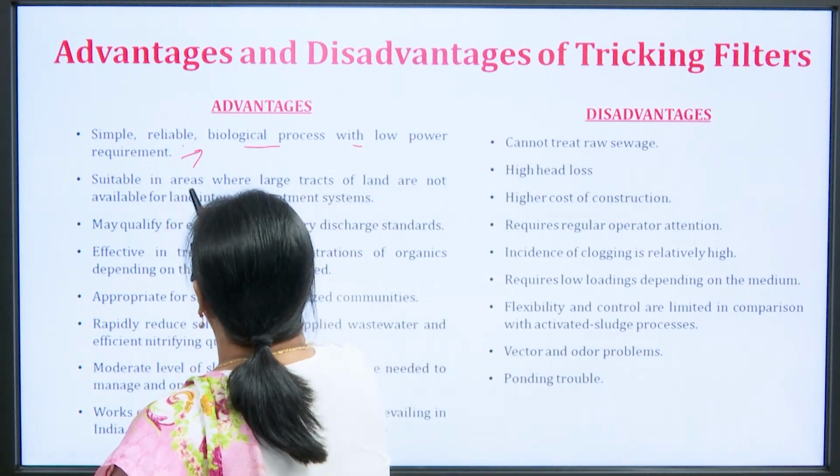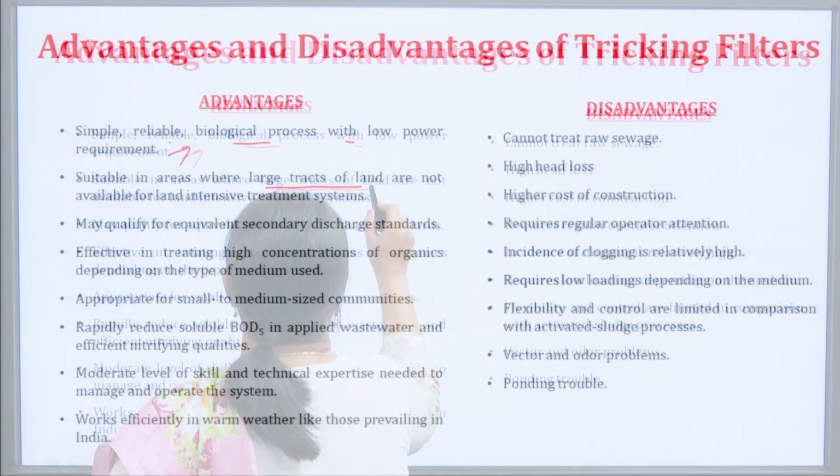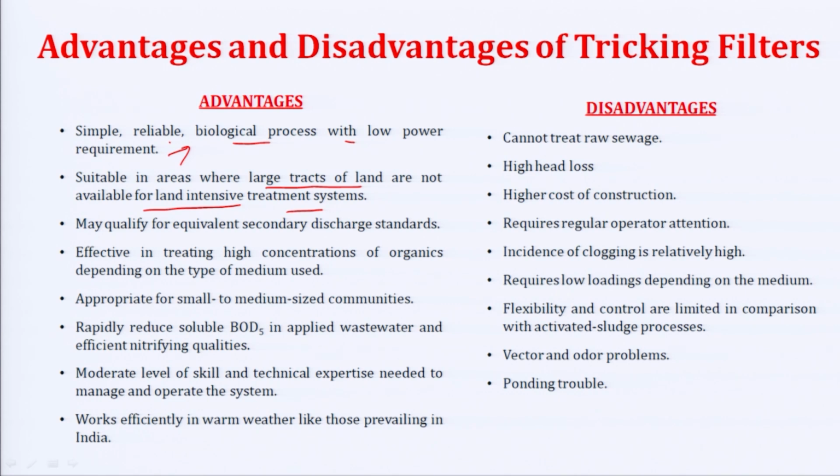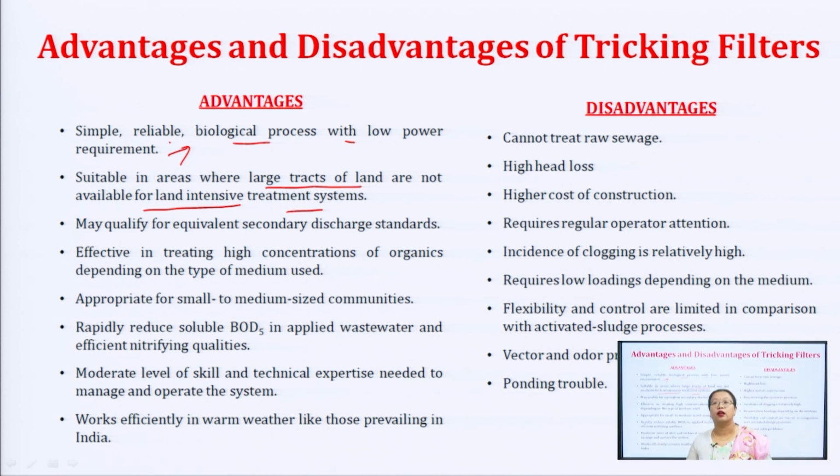And then it is suitable in areas where large tracts of area are not available for land intensive treatment. So, it has more land requirement than activated sludge, but it has lesser land area requirement than lots of other treatment systems, right.